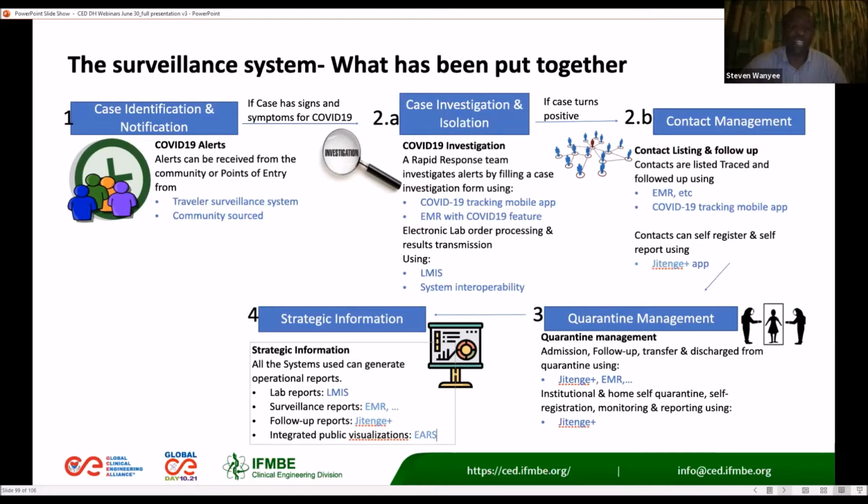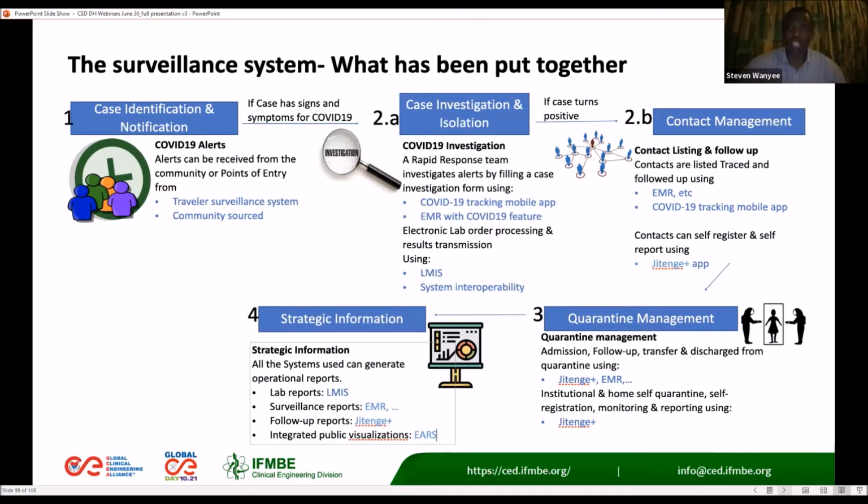If the case turns positive, and this is still part of step 2, that would trigger contact management. Again, typical of what most countries are doing: track and trace. There are a couple of digital health solutions developed and used for that part of the process. The contacts would be encouraged to either self-register or self-report, or they would be traced by the surveillance officers.